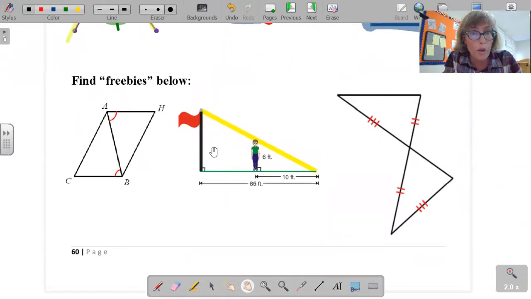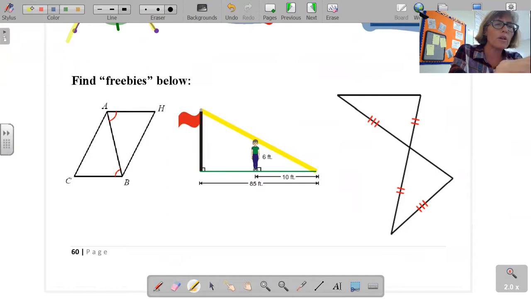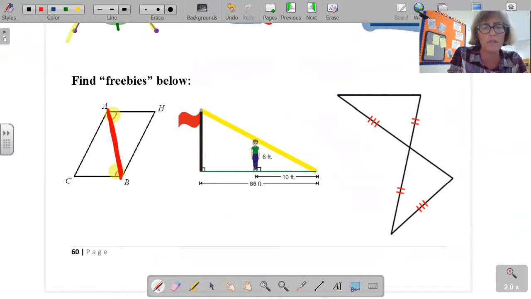So we're going to mark the freebies, things that are congruent but not marked. So in this diagram, these angles are pre-marked. But this side is not, but it is a freebie. It's a reflexive side. Hatch mark it. S, we have a pair of sides.